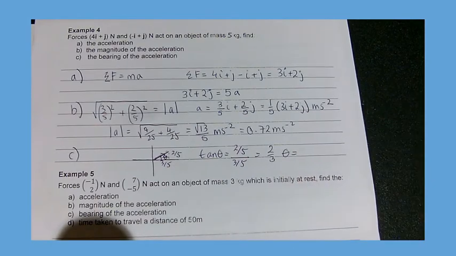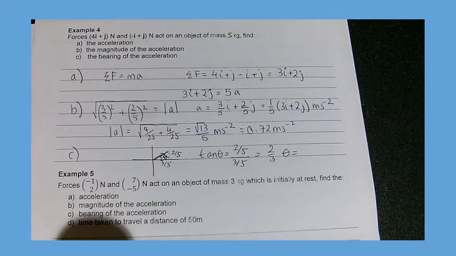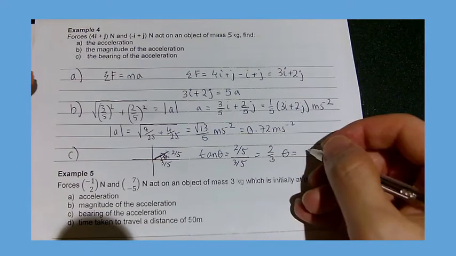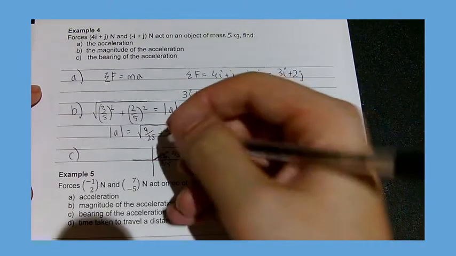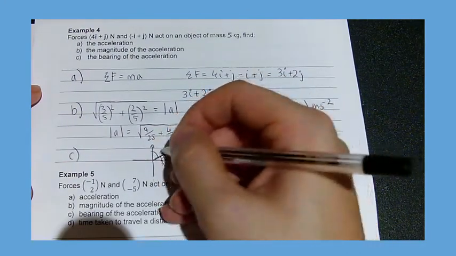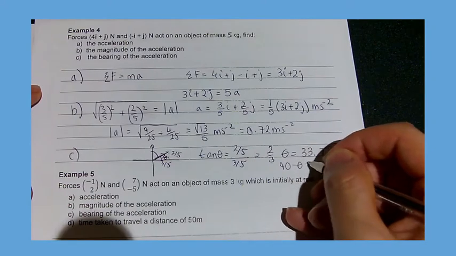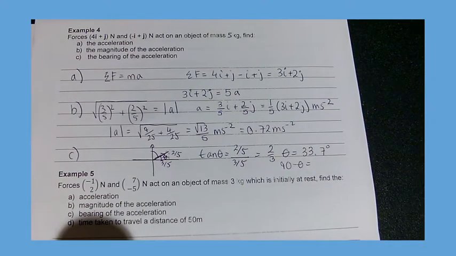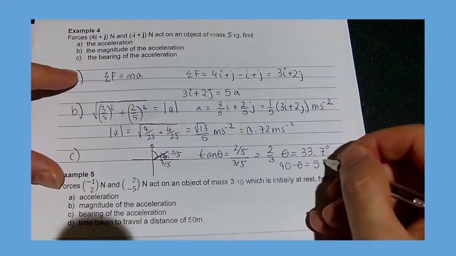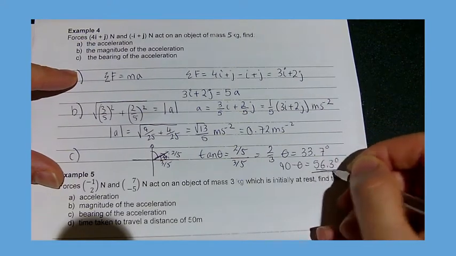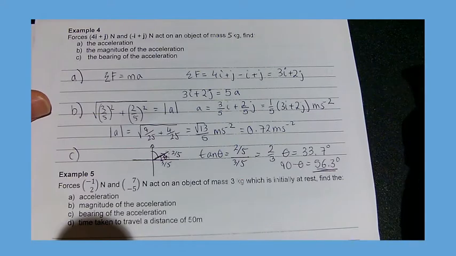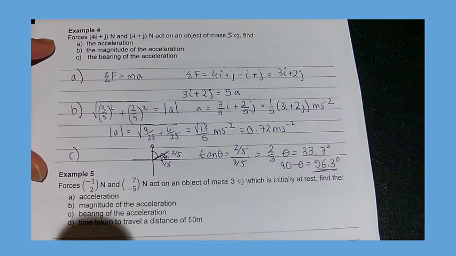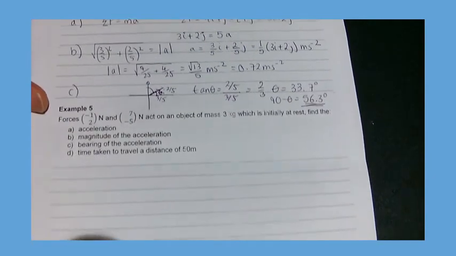You get an angle theta of 33.7 degrees. But obviously you want the bearing, which is from the y-axis, so you've got to do 90 minus that, which is 56.3 degrees. Okay, so that's how we use Newton's second law with regards to vectors in example 4.